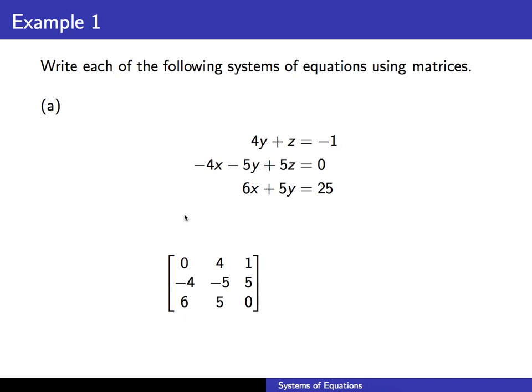So again, this first column represents the coefficients for x, the second column represents the coefficients for y, and our third column represents the coefficients for z. So the variables, again, are x, y, z, so we'll multiply this matrix by x, y, z, and we're going to get what's on the right-hand side, the -1, the 0, and the 25.